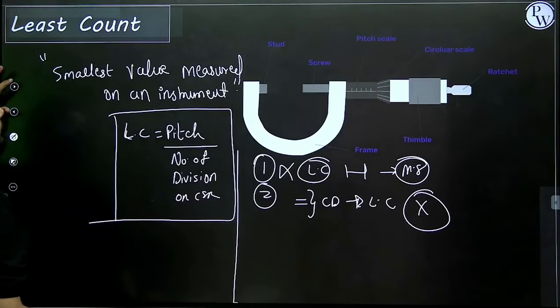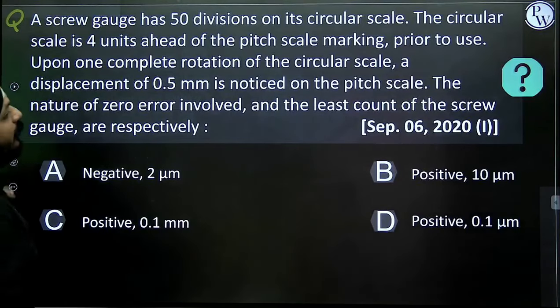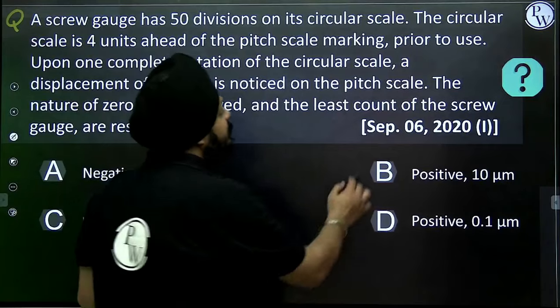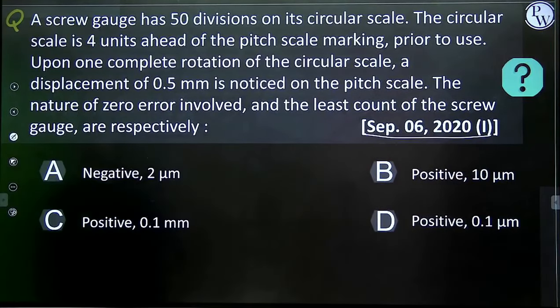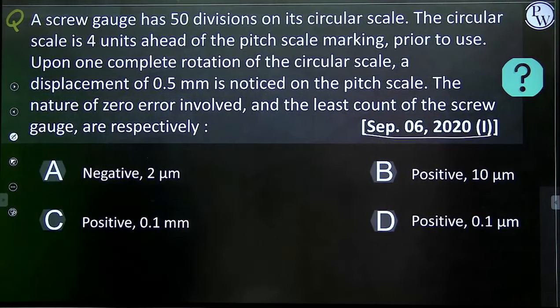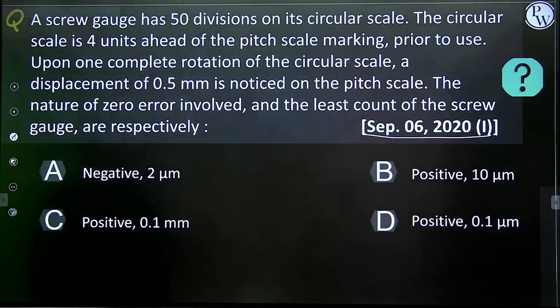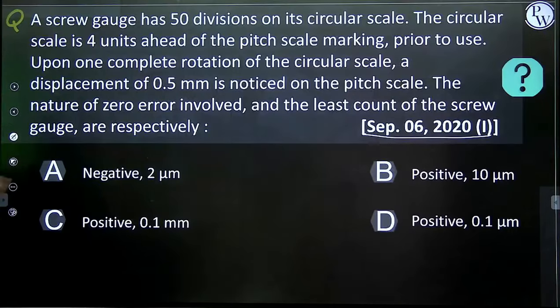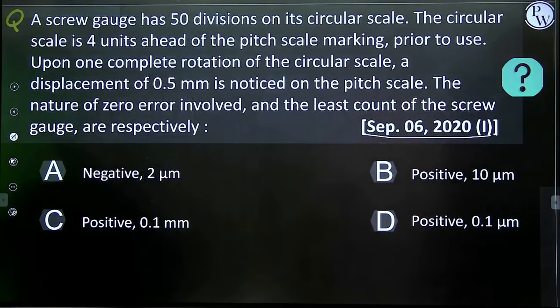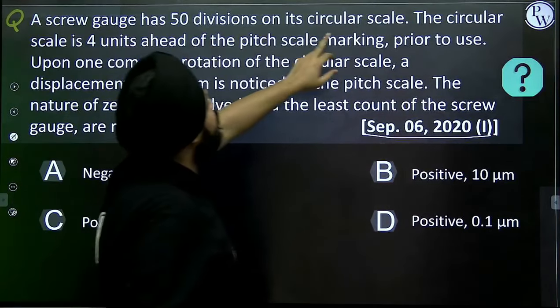Okay, now let's move on to the next part. The question that was asked on September 6, 2020. A screw gauge has 50 divisions on the circular scale.